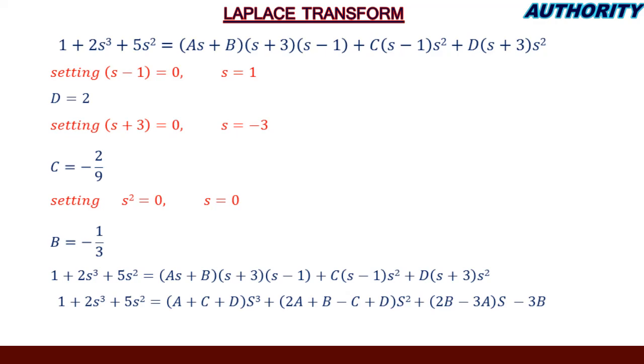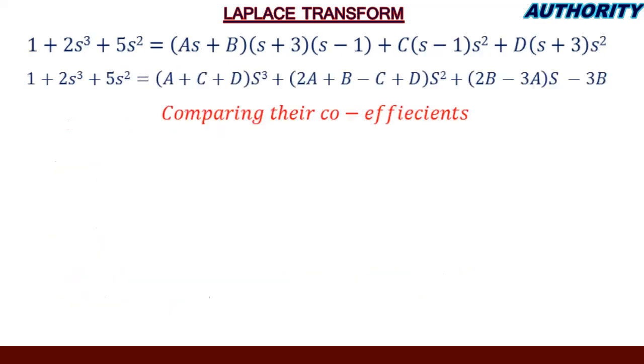Now look at the equation on the right hand side and the equation on the left hand side. Let's compare their coefficients. The coefficient of s cubed in the right hand side is equal to the coefficient of s cubed in the left hand side. The coefficient of s squared in the right hand side is equal to the coefficient of s squared in the left hand side. Likewise for s.